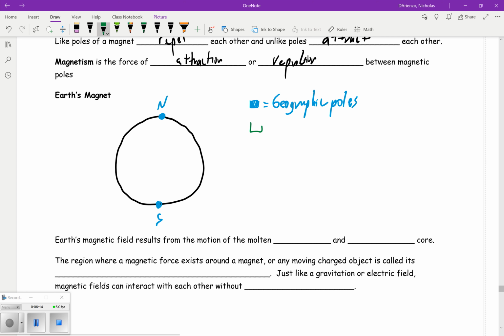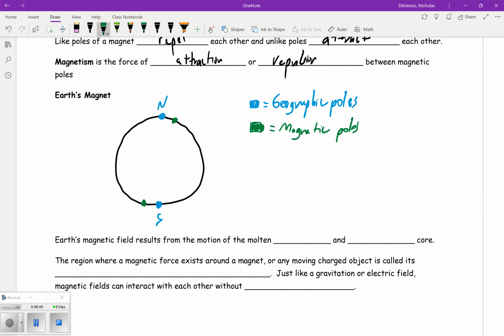But the geographic poles, which are at 90 north latitude and 90 south latitude, are not the same as the magnetic poles. The magnetic poles are actually a little bit offset from each other, and they don't exactly align with 90 north or south latitude.